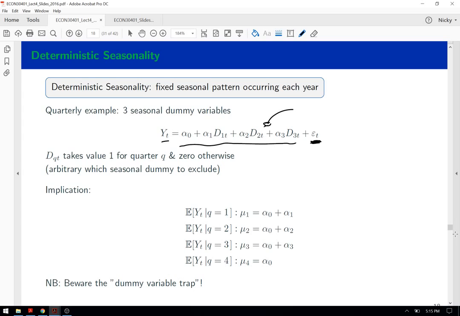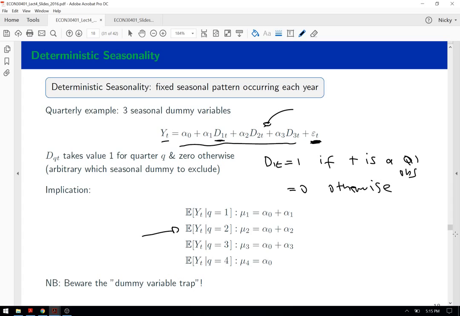And these dummies take values 1, so d1t equals 1 if t is a quarter 1 observation, and it equals 0 otherwise, and so on. So these are just seasonal dummy variables, and we can see what this does: it just lets the mean change.